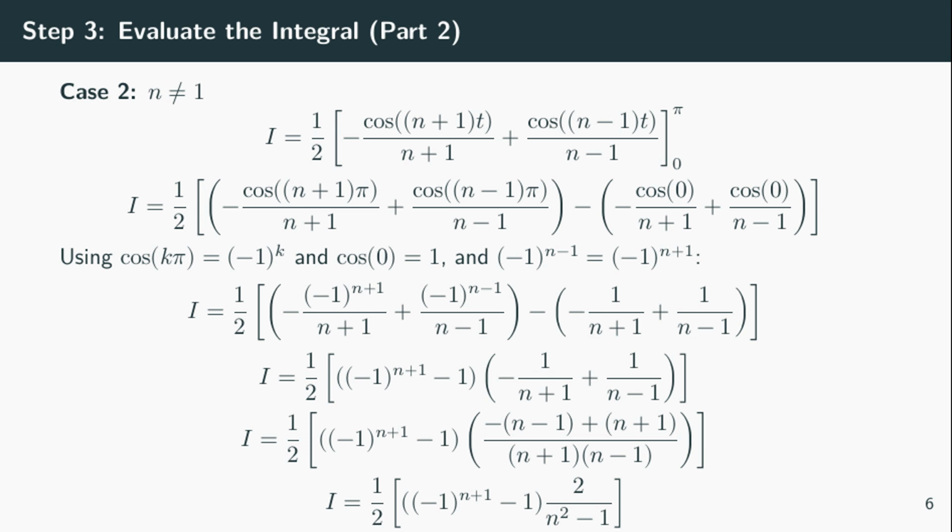Now let's combine the terms in the second parenthesis. Minus 1 over n plus 1 plus 1 over n minus 1 equals minus n minus 1 plus n plus 1 all over n plus 1 times n minus 1. This simplifies to 2 over n squared minus 1.